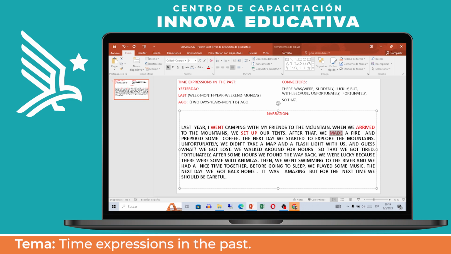Hicimos una fogata. And prepared some coffee. The next day we started to explore the mountains.